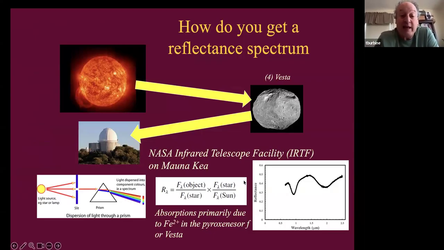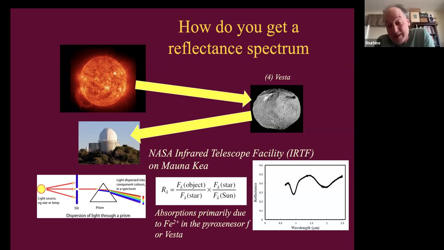To get the reflectance, the source is the sun, so you want to divide the flux from the asteroid by the flux from the sun. But the problem is the sun's up during the day and it's too bright. So you take a star like the sun, a standard star. If it's similar, you can divide the object by the standard star, and that gives you how it reflects light, and then you get these specific absorption bands.